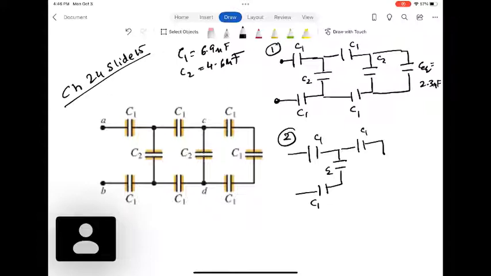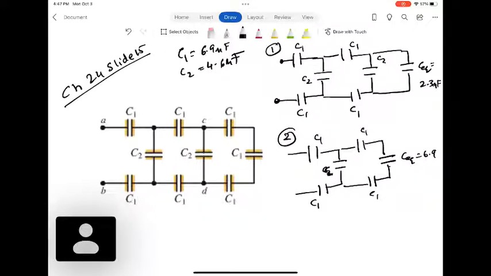So let me just pull up a calculator. So we have to do 4.6 plus 2.3, that gives me 6.9 again. All right, so 6.9. And then we have the C1 again. All right. So that's diagram 2. So we've combined the C2 and the C equivalent of diagram 1 to get to diagram 2.